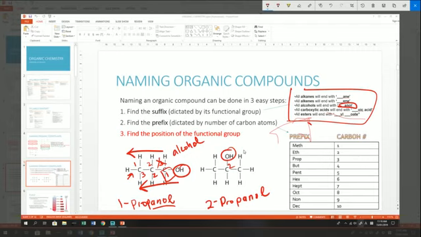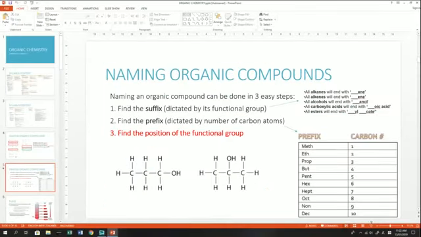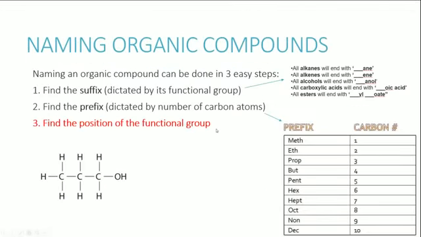But either way, most of what you'll be dealing with will be simple organic compounds, so the first 2 steps are of the most importance there. So it really is just about you being able to recognize functional groups and knowing what makes an alkane, alkene, alcohol, and you will develop this skill as we move throughout the video, and naming the compounds should be pretty easy after that.